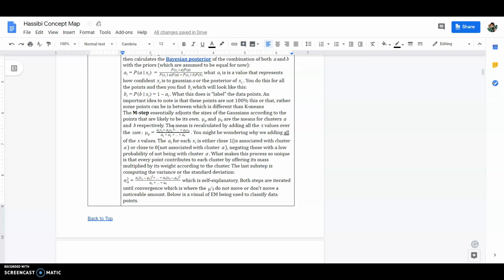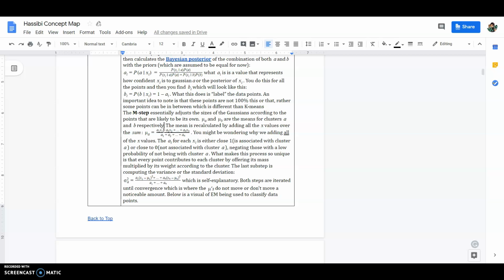And so let's give an example. Let's say that this X of 1 variable right here is most likely to be associated with this cluster A. So this A of 1 value associated with this X of 1 value is probably very high, probably close to 1. And so essentially this is basically just 1 times the value over 1. As you know, mean is just all the values added together over the number of values there are.